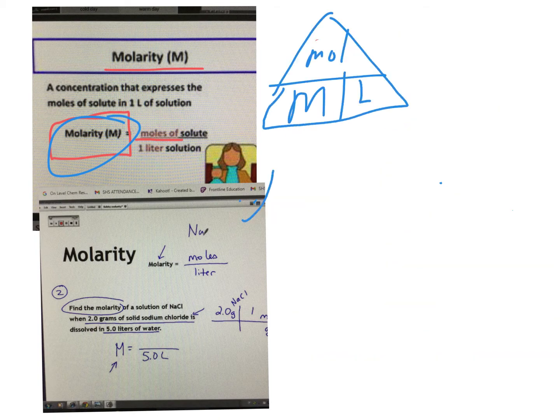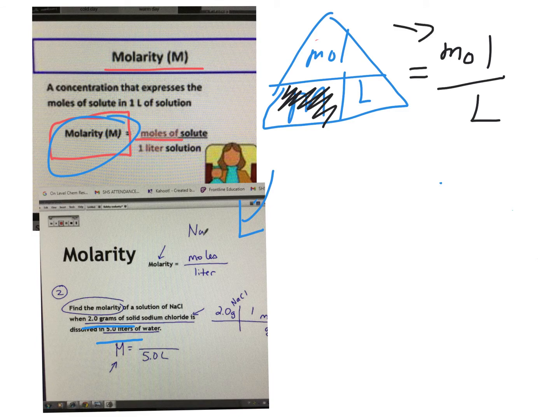Okay, let's do this second example. They're giving you 2 grams instead of moles of sodium hydroxide. And they're giving you 5 liters of water. So because you're looking for molarity, we're going to go ahead and block out the big M, which means that our formula is going to be moles divided by liter. We have to change that grams into moles.